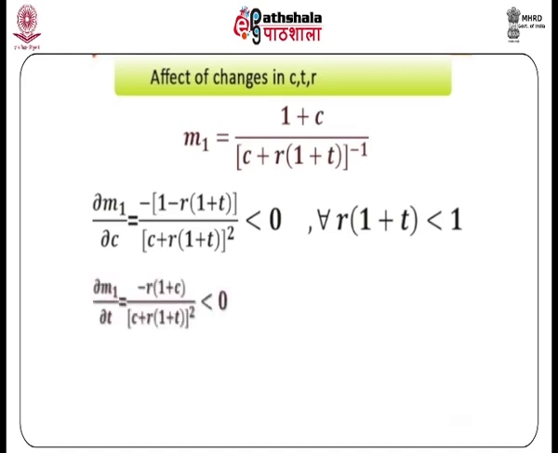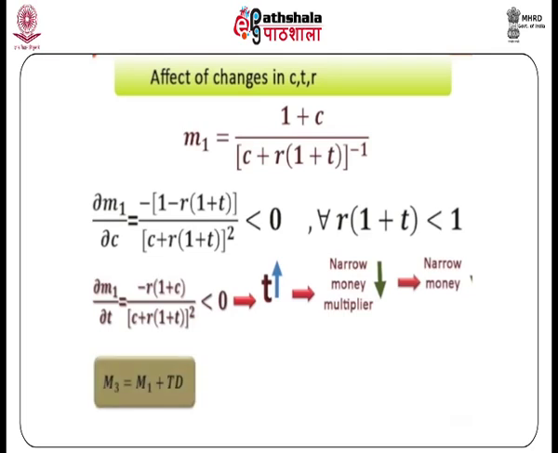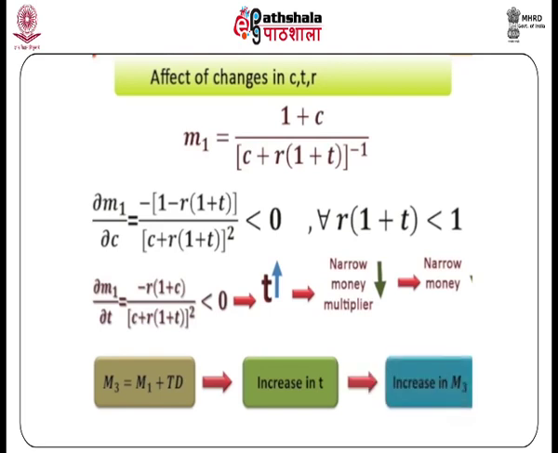Delta M1 upon delta T is equal to minus R(1 plus C) by [(C plus R)(1 plus T)] whole square, which is less than 0. That is, as T increases, the narrow money multiplier decreases and hence narrow money also decreases. However, since M3 is equal to M1 plus TD, an increase in T would imply an increase in M3.